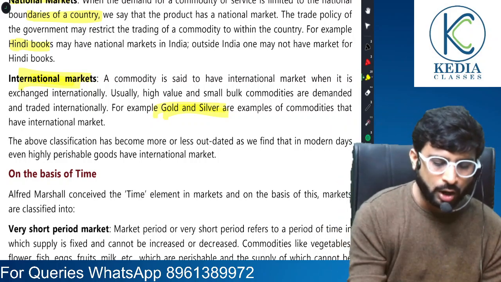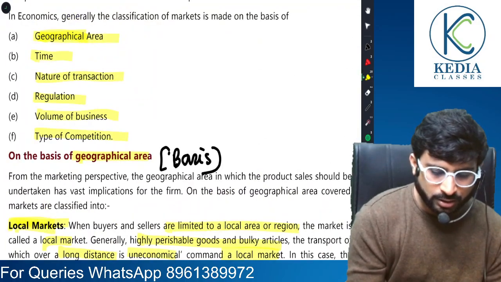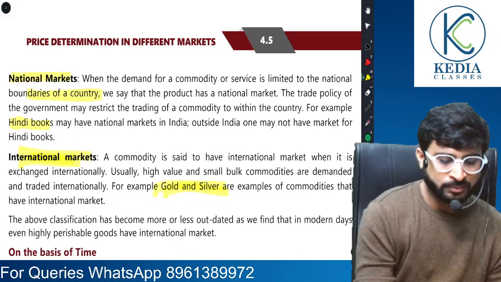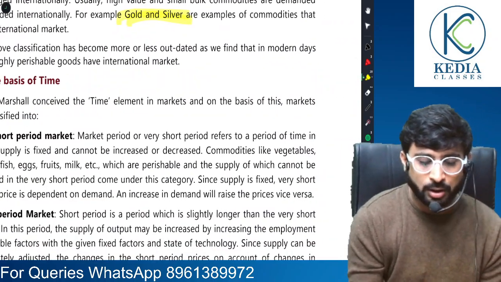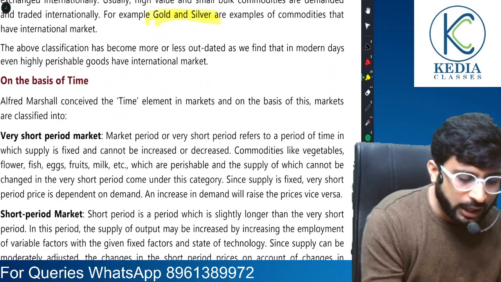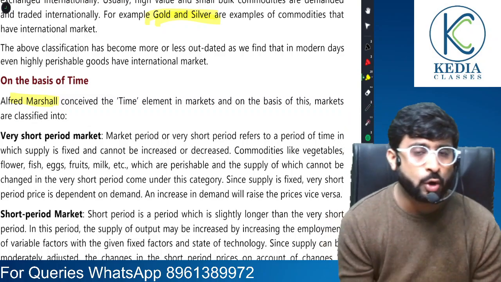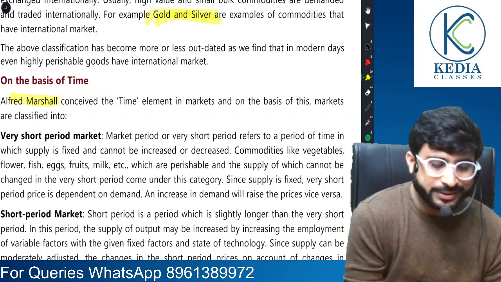Understood, sir. So now what we have discussed is types of markets on the basis of geographical area. Moving on. Now, on the basis of time, whenever we talk about time, Alfred Marshall needs to be remembered, because the institute may ask you who classified markets on the basis of time.